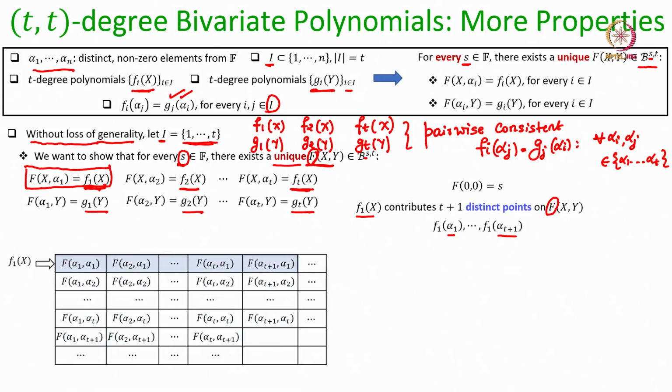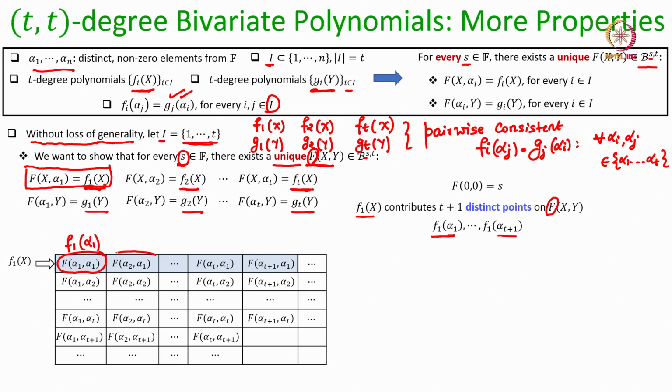Okay. Because when I evaluate this f_1 polynomial at x equal to alpha_1, that is nothing but the point f evaluated at (alpha_1, alpha_1).